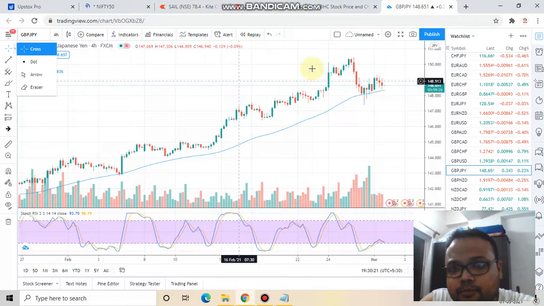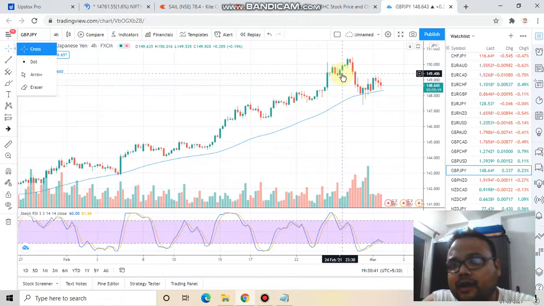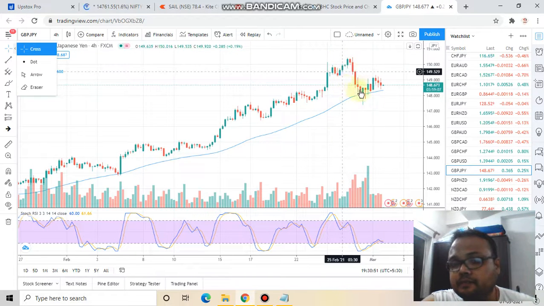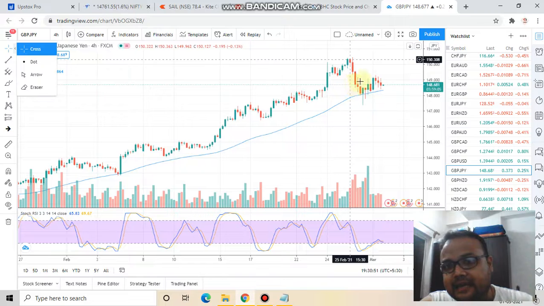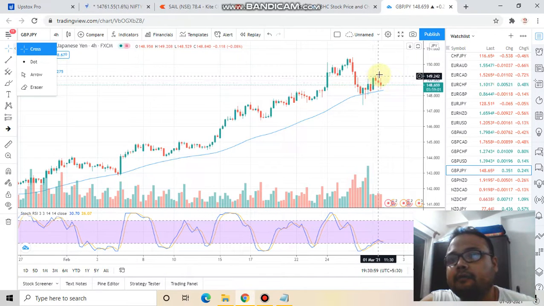So the ideal position to buy will be around 149.40, because under normal circumstances this is a good position to buy, but we cannot overlook or avoid these candles. This fall we cannot avoid, so I'll say that only buy above this.